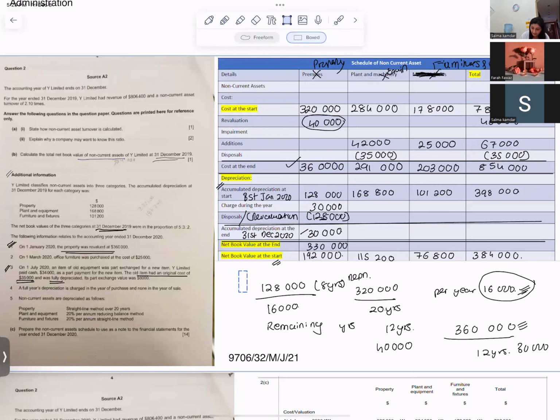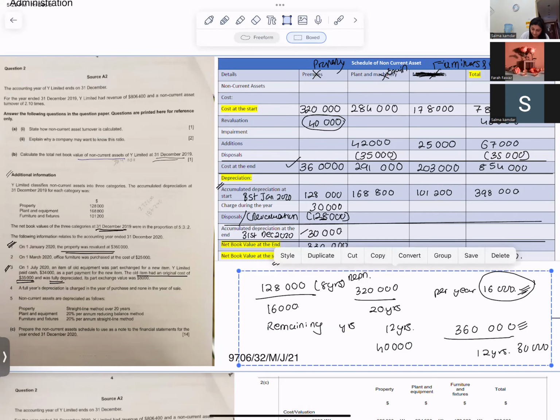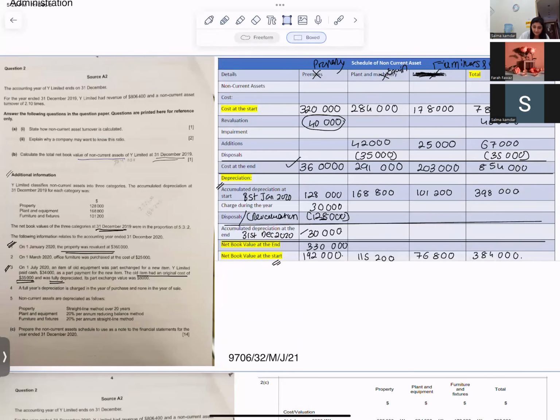Now for plant and machinery, plant and equipment, 20% on reducing balance method.